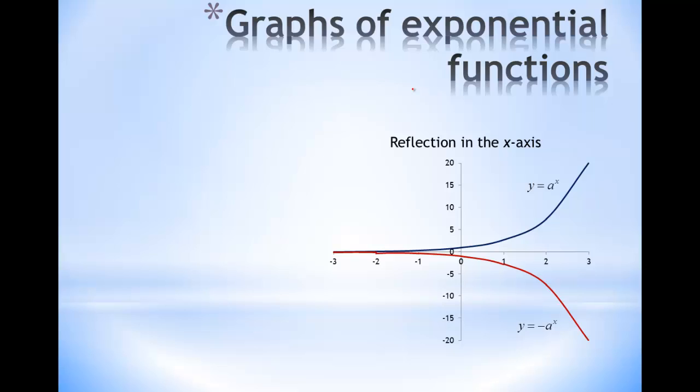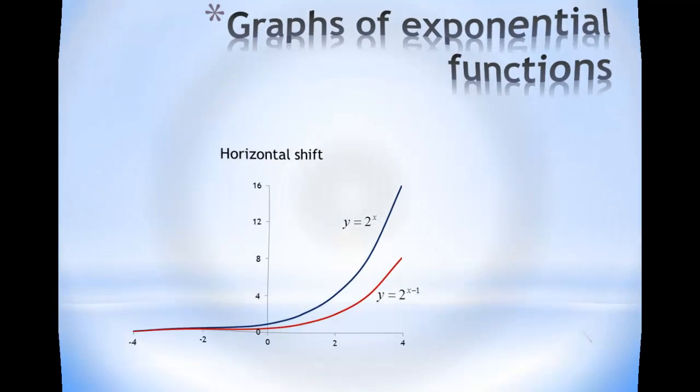Reflection about the x-axis was simply if I had f of x and wanted to reflect about the x-axis, we went negative f of x. So that took whatever positive value and made it negative, and that's what we have in this situation. Again, these are just rules from before applied to the exponential function.